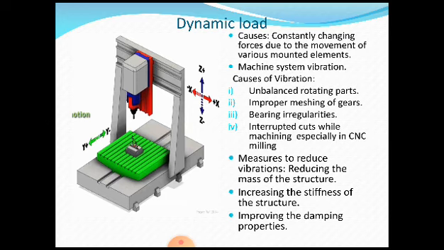Bearing irregularities. Even if the bearings are not replaced or not maintained properly in CNC machines, that is also responsible for creating vibrations. Interrupted cuts while machining, especially in CNC milling.